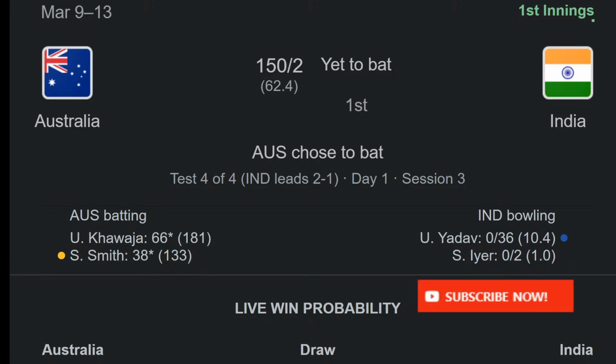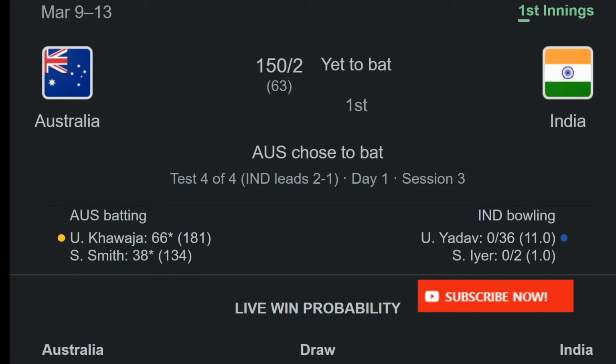Umesh to Smith. 150 for the loss of 2 wickets. Khaja 66 and Smith 38. Yadav, 11 overs, conceded 36 runs, no wicket.